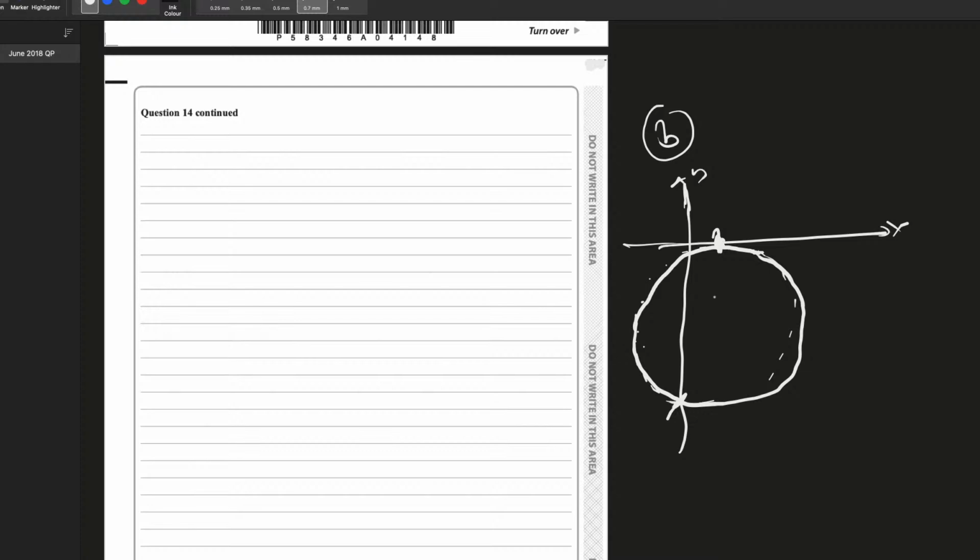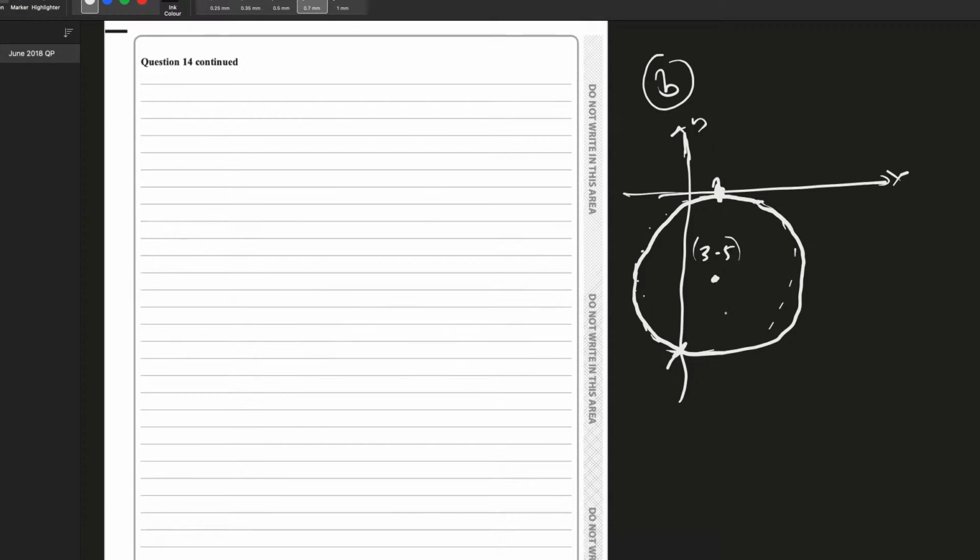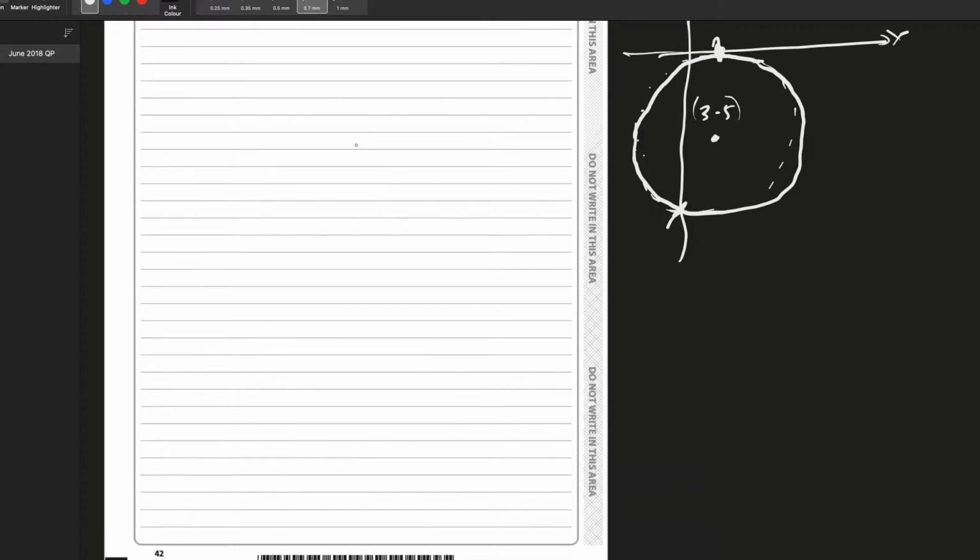And we know our center is 3, -5. And this line is y equals kx.